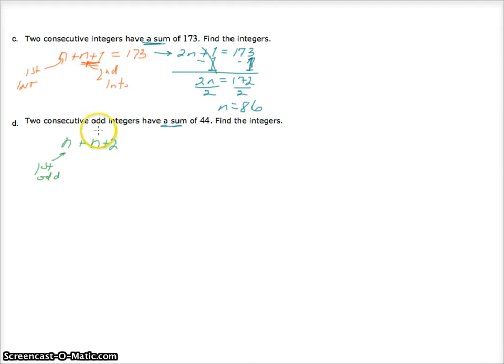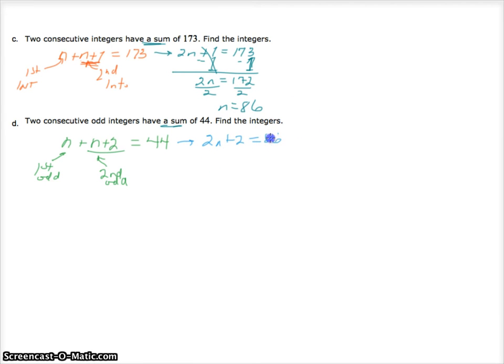So if this was 3, it would be 3 plus 2. So this would be our second odd number, n plus 2, equals 44. Now I can simplify this. And I'll have 2n plus 2 equals 44.